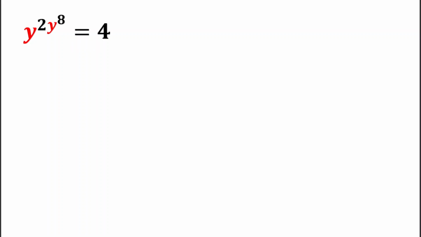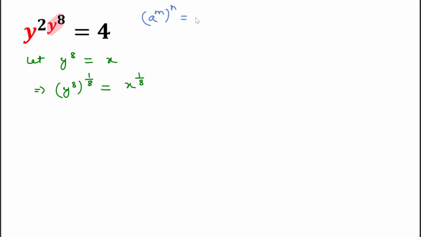So to solve this question very fast, I will consider first this y to the power 8 as x. After raising both sides to the power 1 over 8, and using the formula a to the power m to the power n equals a to the power mn, where the powers get multiplied, we can cancel this.